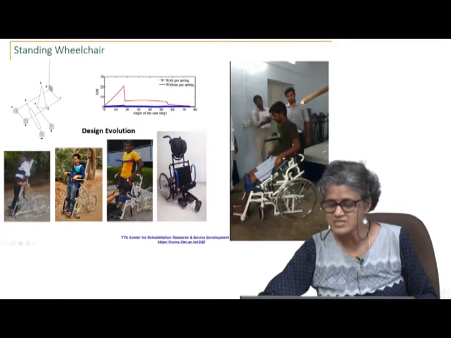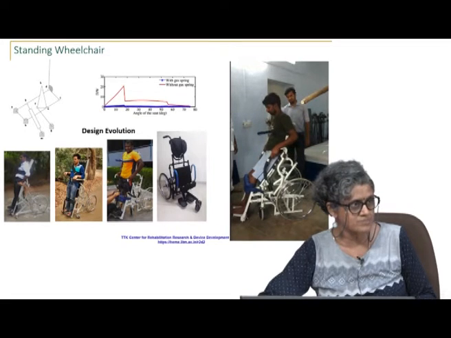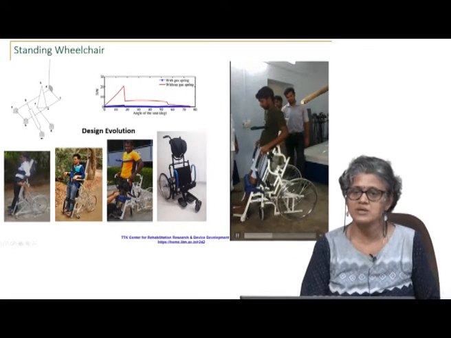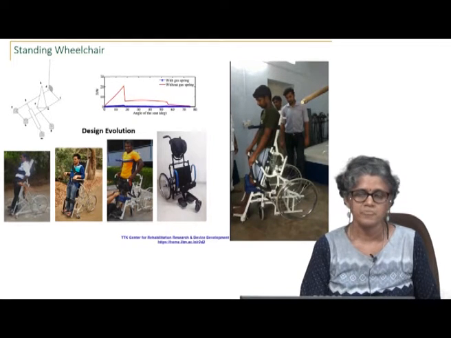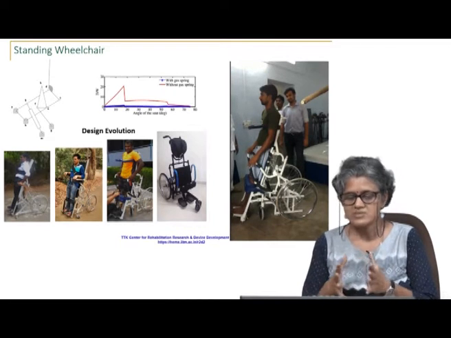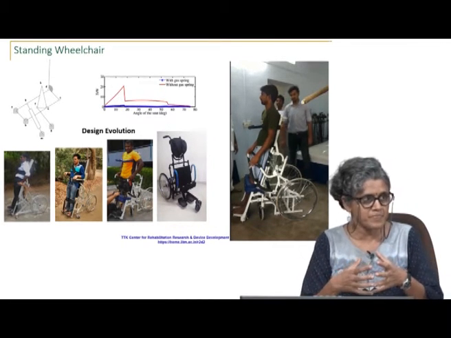Many wheelchair users cannot stand on their own, because they do not have the required muscle strength to stand up. So they need something to support the lower body, especially at the knee.